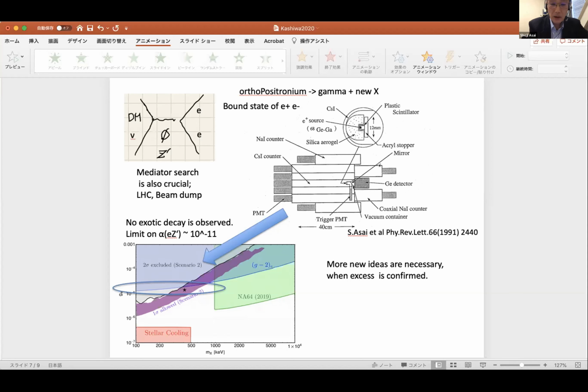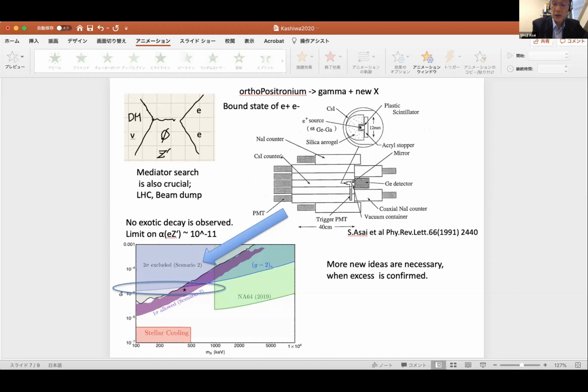Thirty years ago, I performed such an experiment when I was an undergraduate student. So positronium decays into a gamma plus something. We have no excesses observed in such exotic decays, and we can obtain a limit on the coupling between the electron and the mediator of 10 to the minus 11. This figure shows a line which, in order to explain the excess of XENON1T using these diagrams, marks the interesting regions.